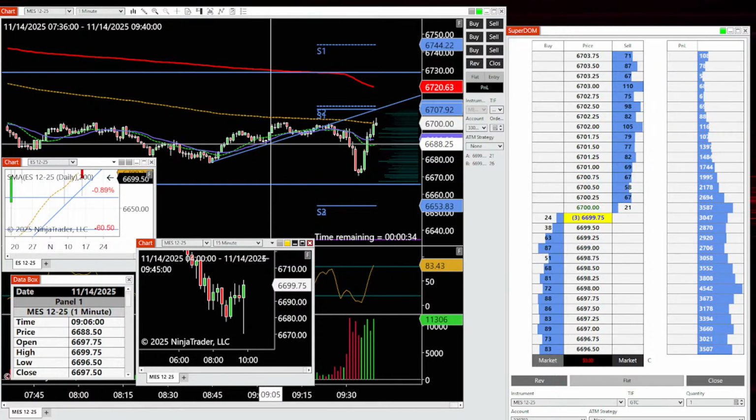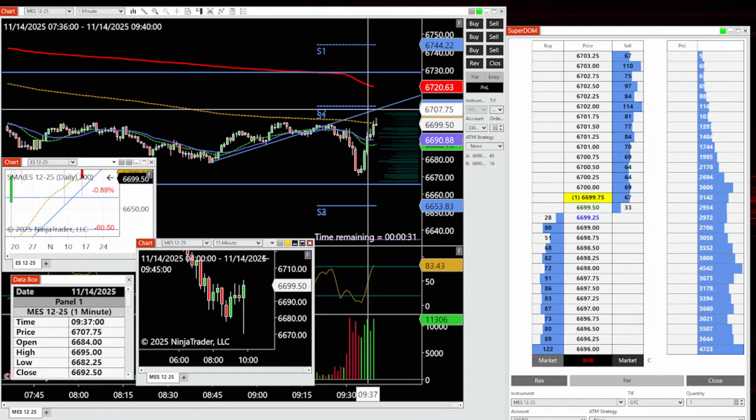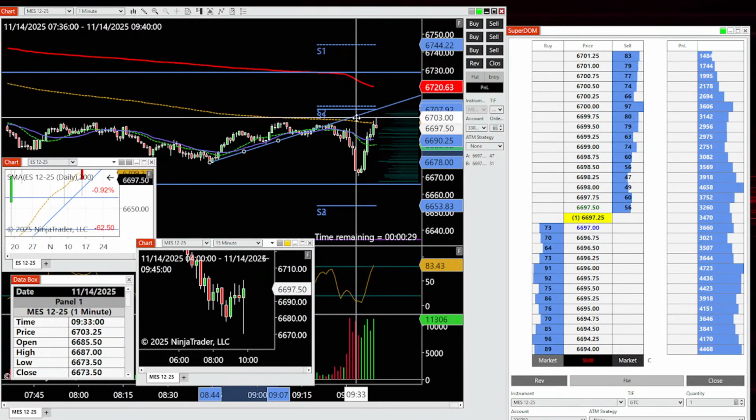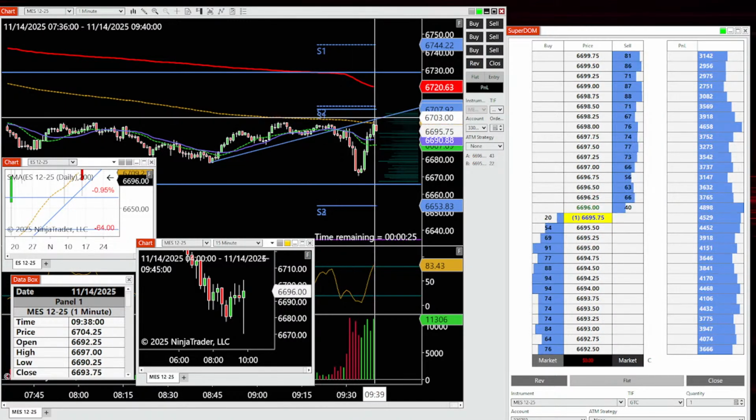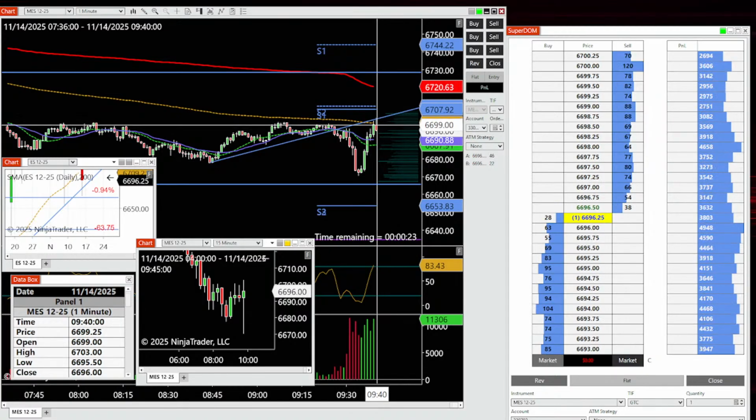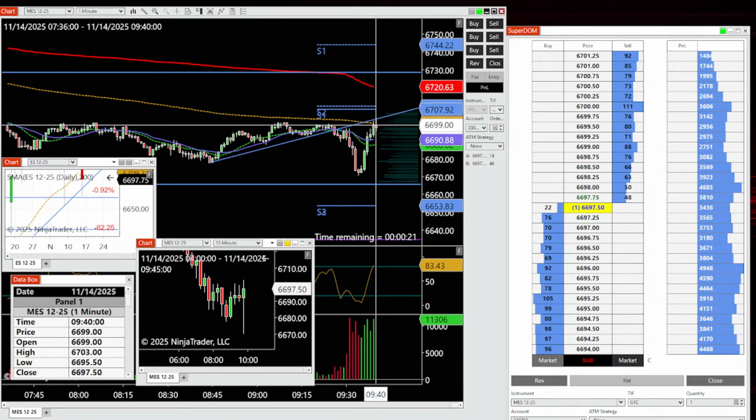So this trend line lines up with this resistance at 07. It's minor, but you could put it there and say, okay, it just hit the trend line and bounced off 03.